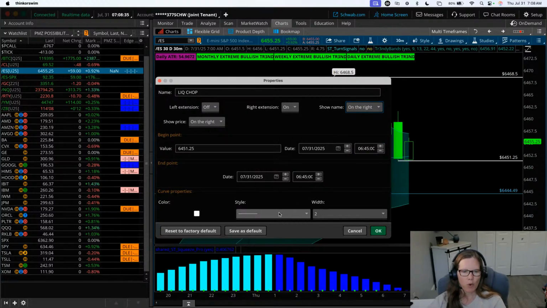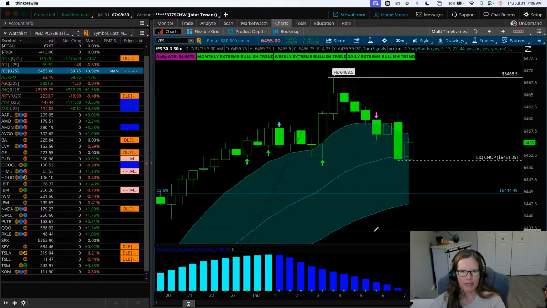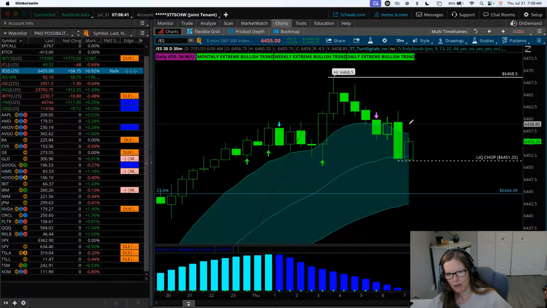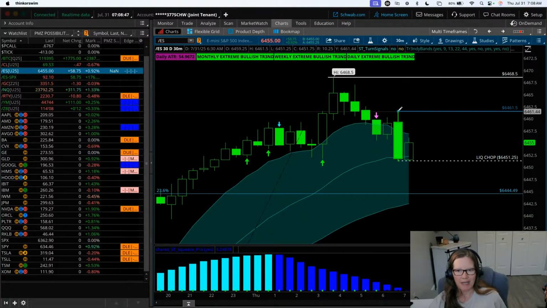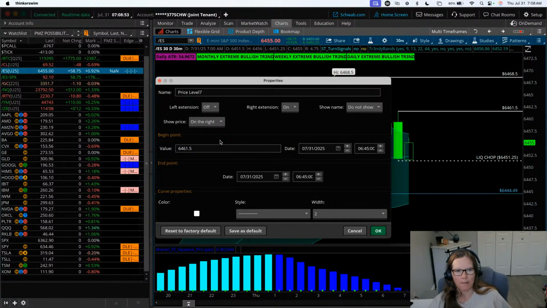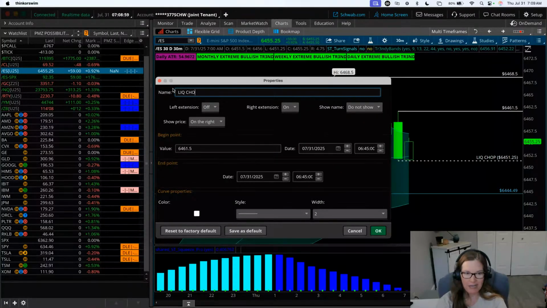I want to point out I do have an inside and down candle formation right here. So if I wanted to have a smaller chop level, I could use the high of that formation, giving us a 10-point liquidity chop. But as the market has been pretty choppy for most of the day, I know it looks like on this chart that we had a big old rally.